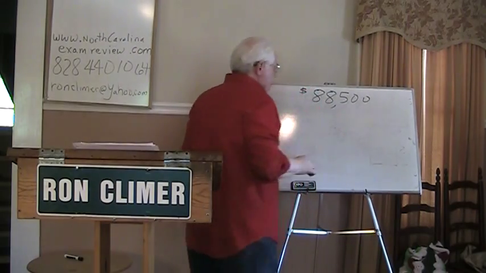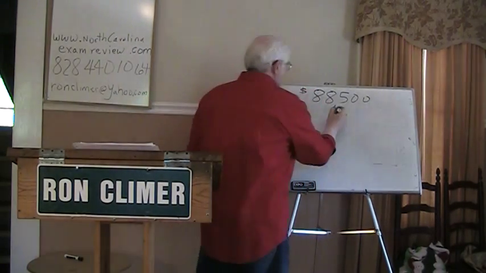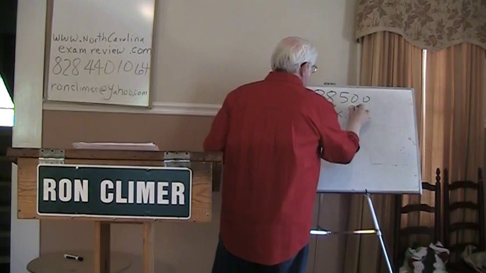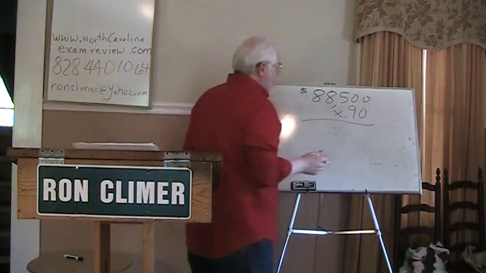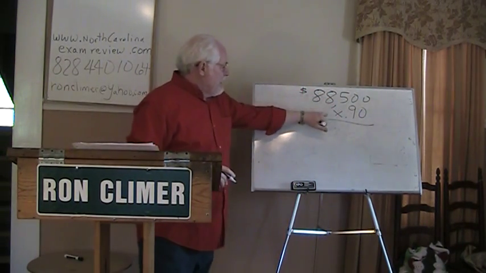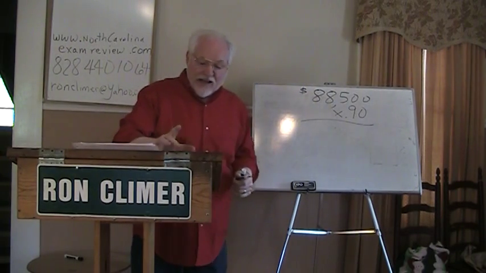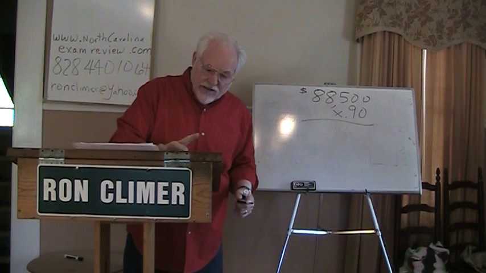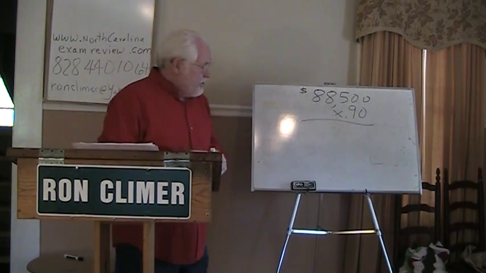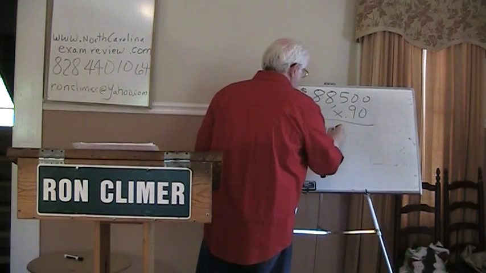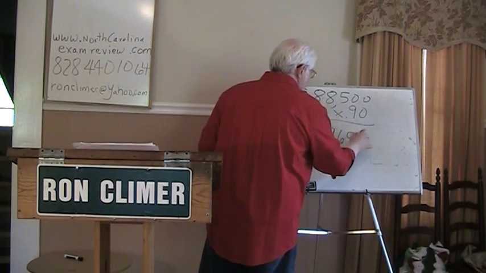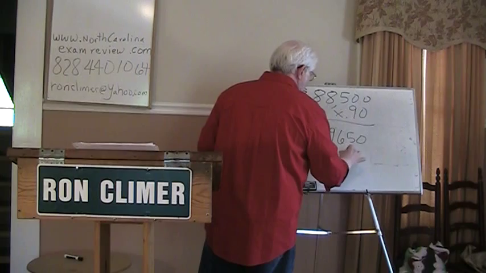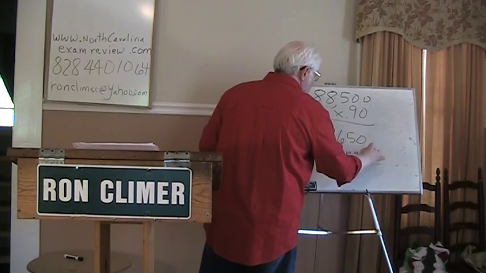That's the price of the house. And the bank says, we will give you a 90% loan. All right? 90% of $88,500 is $79,650. So that's the loan amount that you can borrow from the bank.